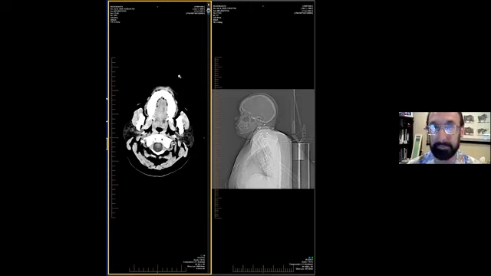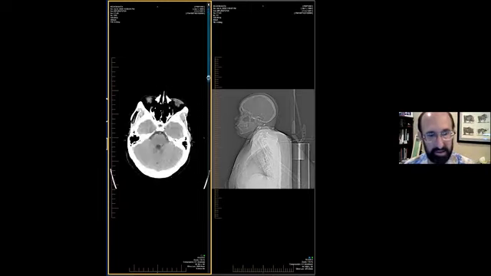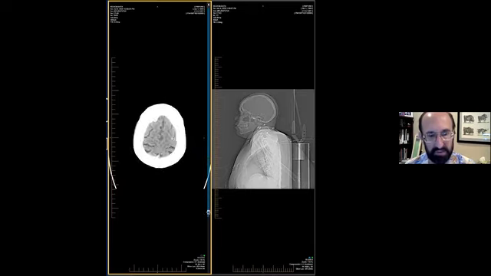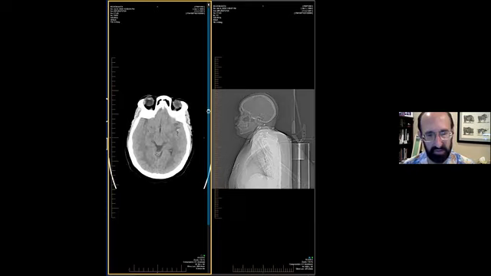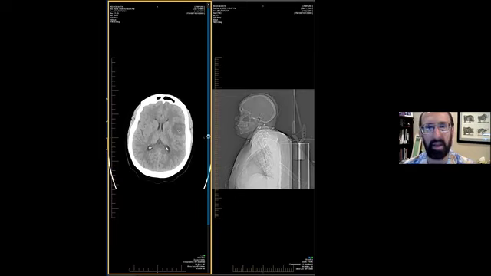So I'm going to show this to you, and here is the initial CT scan, and this is without contrast, and we can see an area of low density in the frontoparietal region just above the Sylvian fissure here. And what I'd like to pull up is our perfusion imaging.